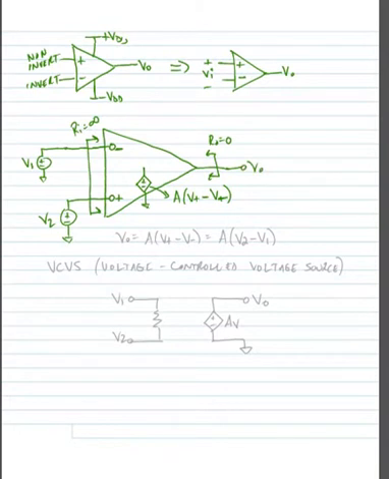So in this case, if this is our output terminal, we could write that V out is equal to A times V plus minus V minus, or is equal to A times V2 minus V1. So we're amplifying the difference between the input and output terminal.